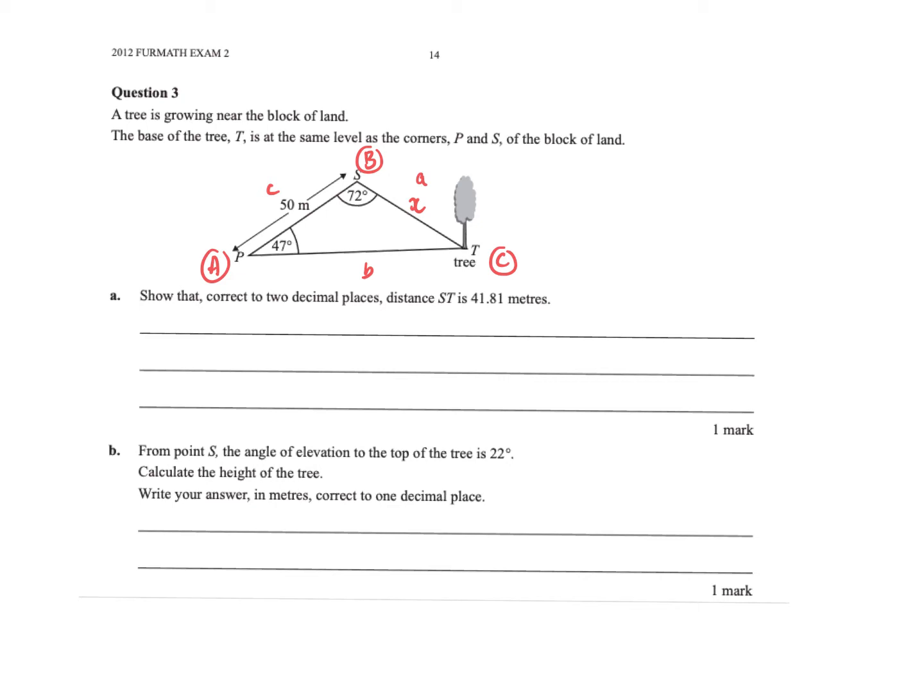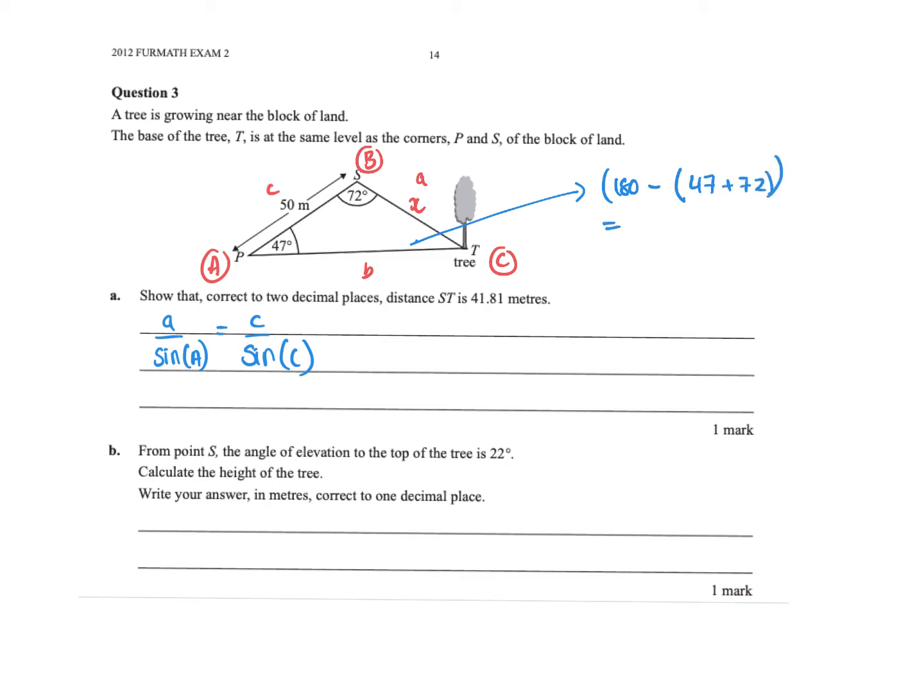So because I've got both, I need A, so I'll use the sine A part, and I have side C, so I'm going to use sine C, but I don't have this angle, but I can work this one out, because this one would be 180, because that's how many degrees there are in a triangle, minus the other 2 added together.